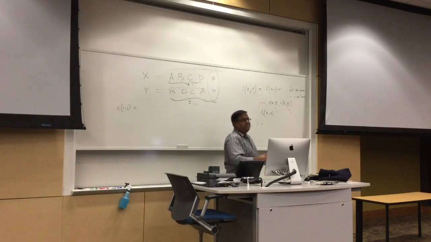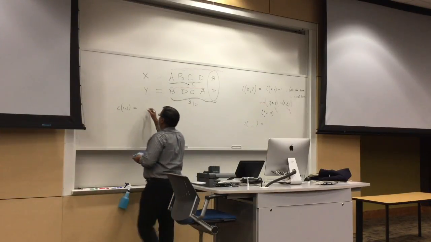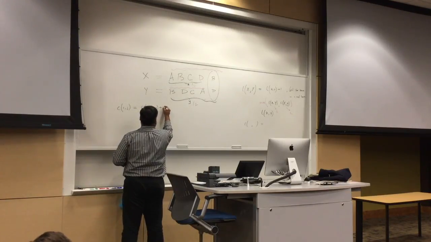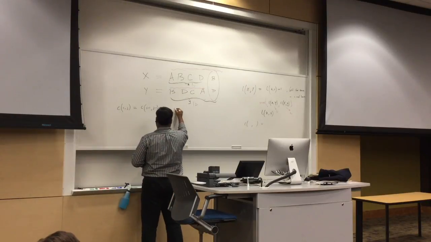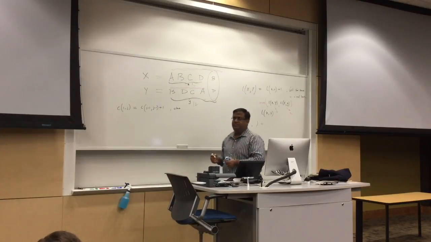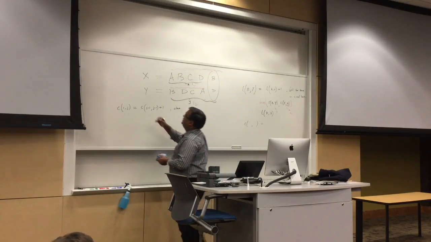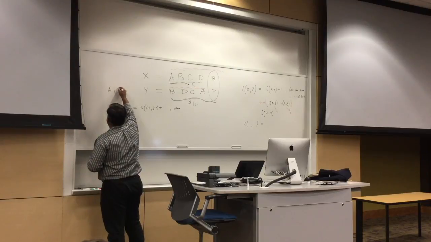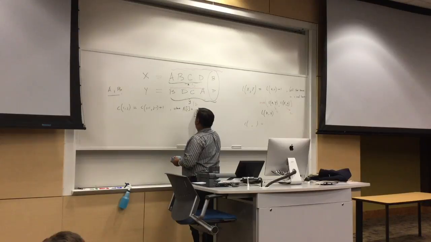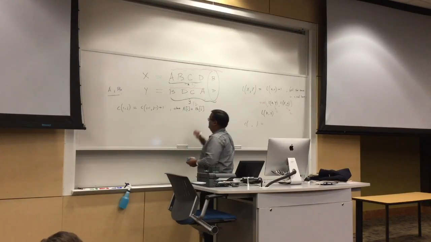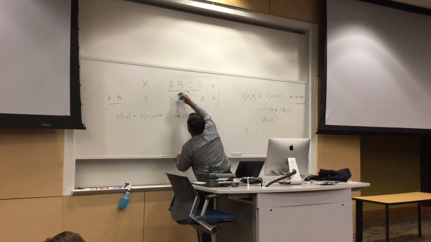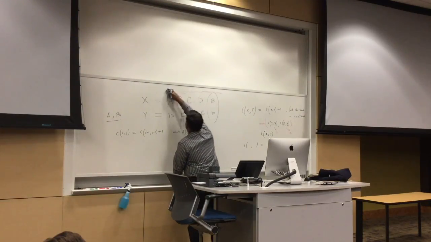So C of I, J is equal to C of I minus 1, J minus 1, plus 1, where, say the sequences are A and B, A sub I is equal to B sub J. Okay? Let me remove all these X and Y now that you guys understand.